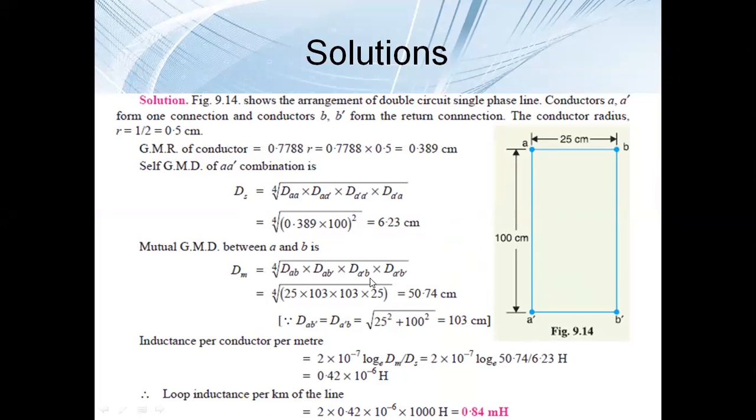Similarly, for the mutual GMD, this should be DAB, then DAB dash, then DA dashB, and then DA dashB dash, and the fourth root of that. If you get the self GMD and mutual GMD, it is very easy: 2 into 10 to the power minus 7 log of Dm by Ds. Just do the calculation. Are you getting it? Please cross check.